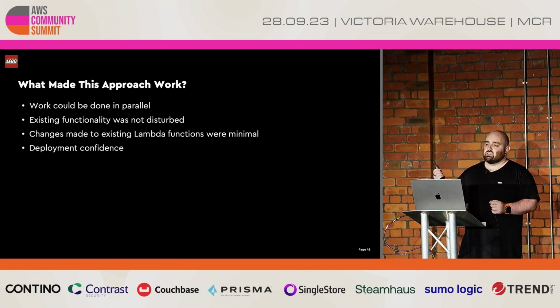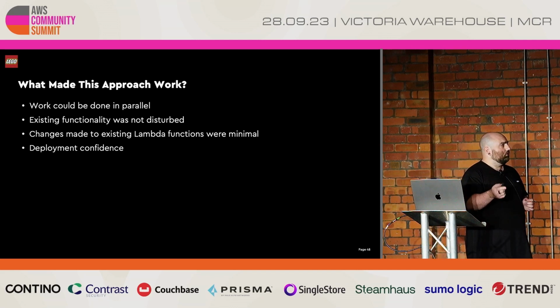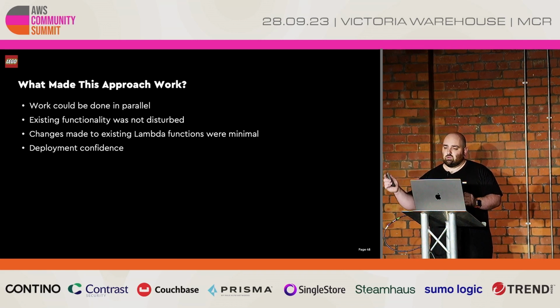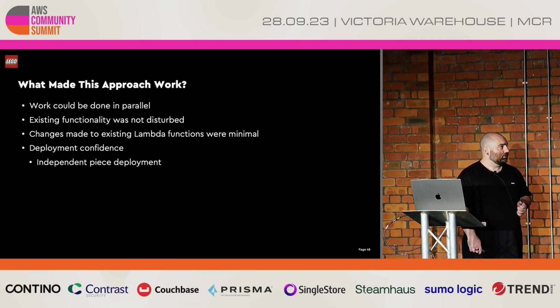And it also gave us deployment confidence because we knew that this non-insider flow wasn't being hit yet. We were confident enough to be able to actually deploy up through the different environments and make sure that it wasn't going to impact or cause any issues with anything there, which led us to this independent piece deployment.